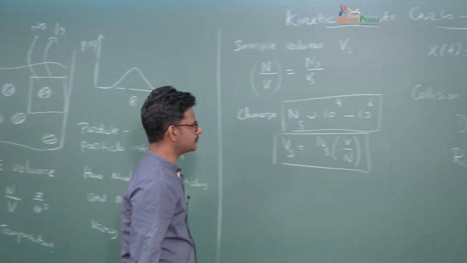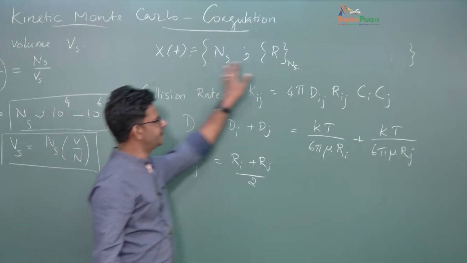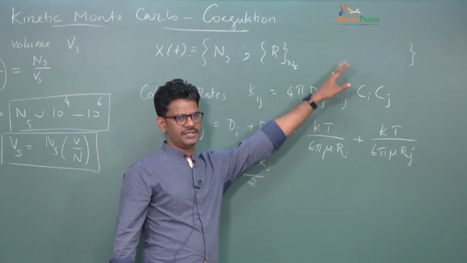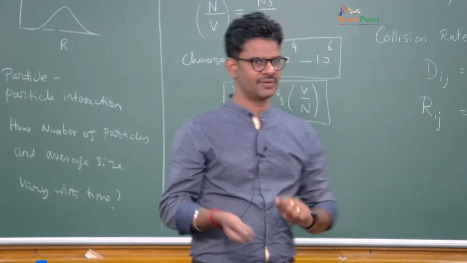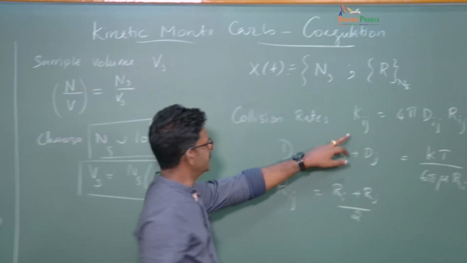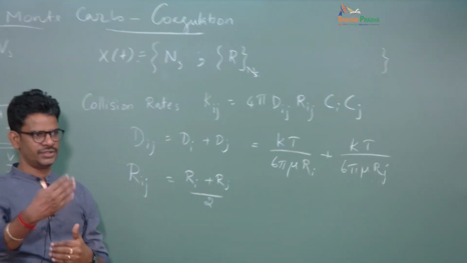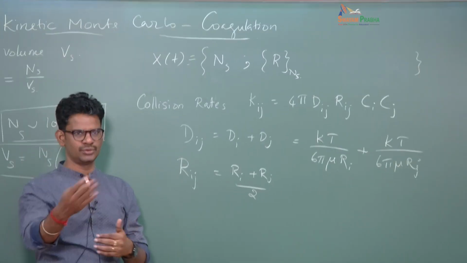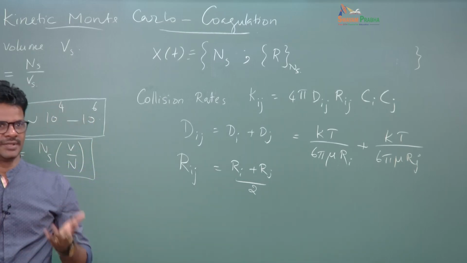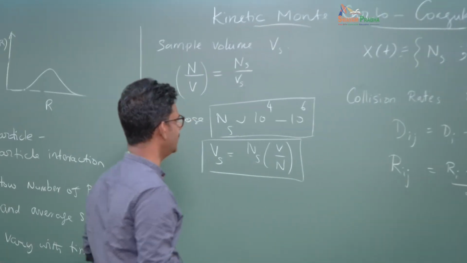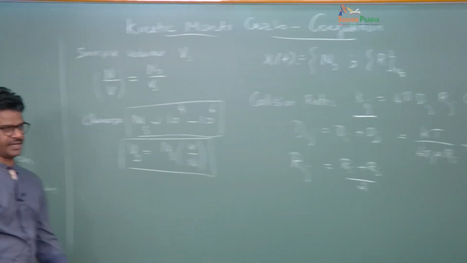So now what we can do is, we have specified the sizes of all the ns particles. So now we can think about different possible collisions. Here this i and j can mean any combination in this set, 1 with 2, 1 with 3, 1 with 4, etc., and then 2 with 3, 2 with 4. So you basically have half of ns squared such collisions. So you can essentially calculate the collision rate for all the pairs.